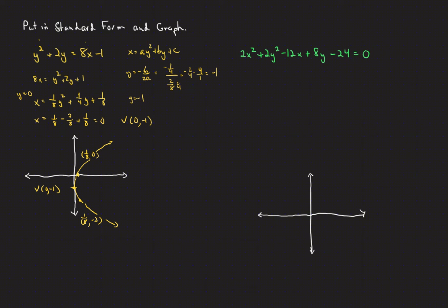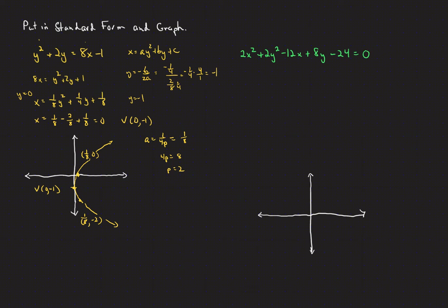Now we need our focus and our directrix. So our a is 1 over 4p, and our a is the 1/8. So taking the reciprocal of both sides is going to tell us that p is 2.